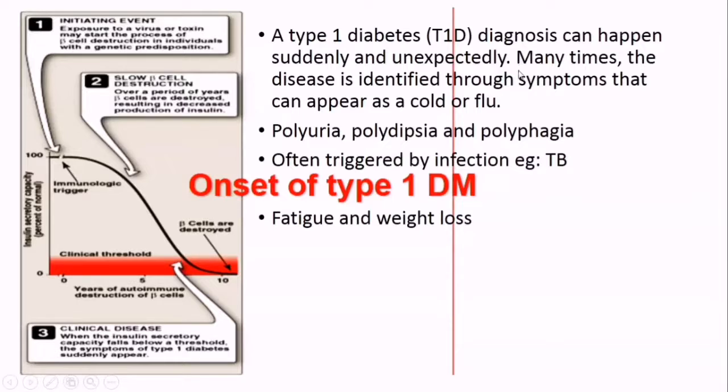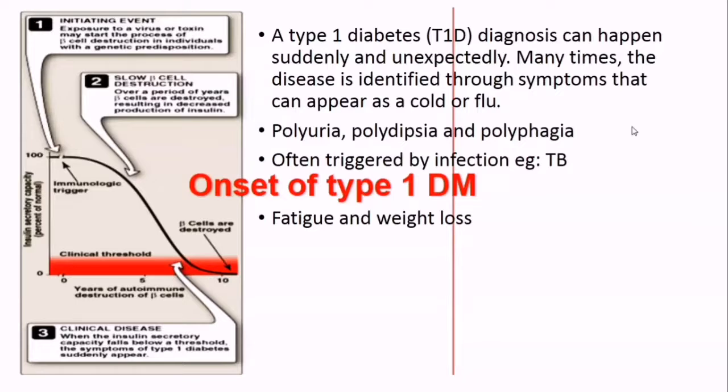Unexpectedly, many times the disease is identified through symptoms that can appear as a cold or flu, and sometimes the patient will come to a doctor with symptoms of tuberculosis, and if thoroughly investigated, the patient is known to have diabetes.